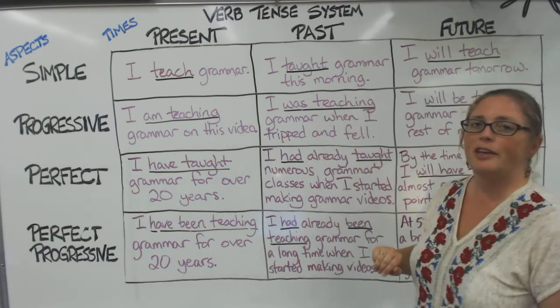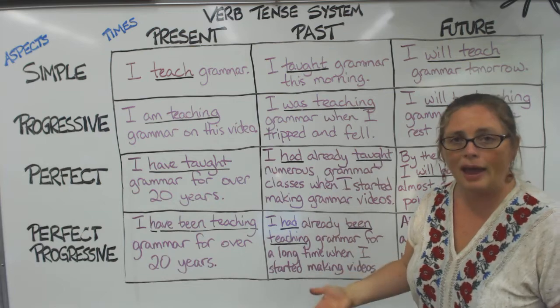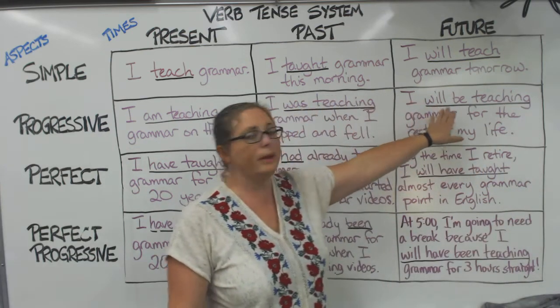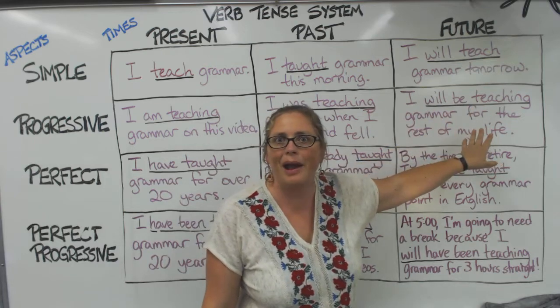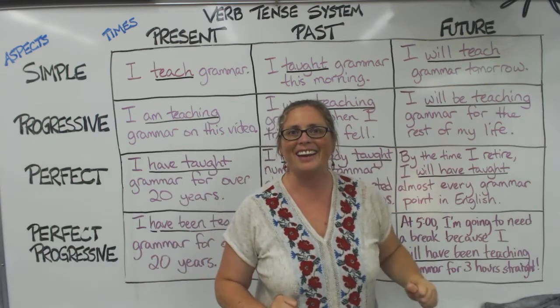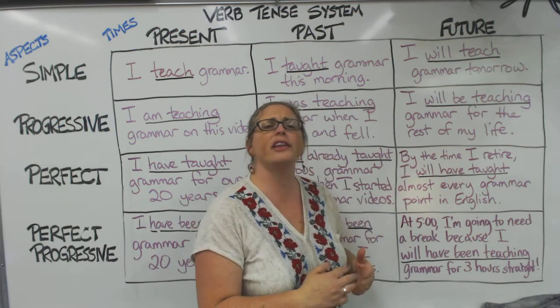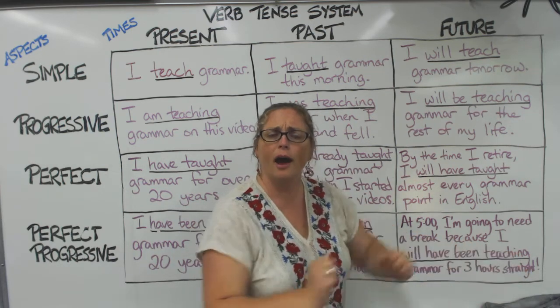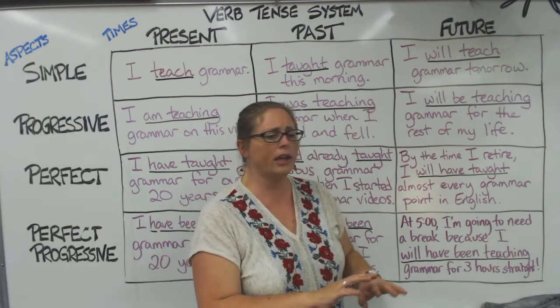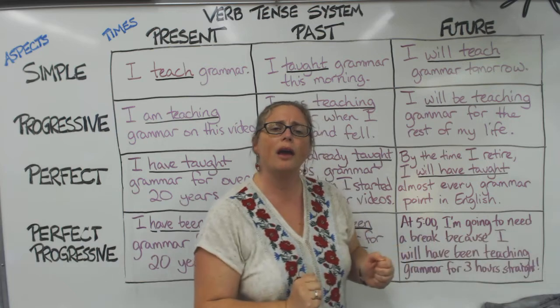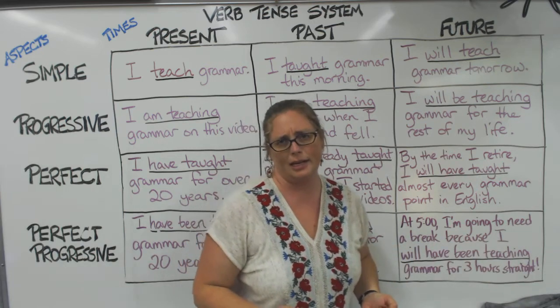So this was an unfinished, progressing action at that time. In the future, I will be teaching grammar for the rest of my life. Very exciting. The focus here is on the continuation of this action. Not looking at it as a whole, but looking at the continuing, unfinished idea of it.